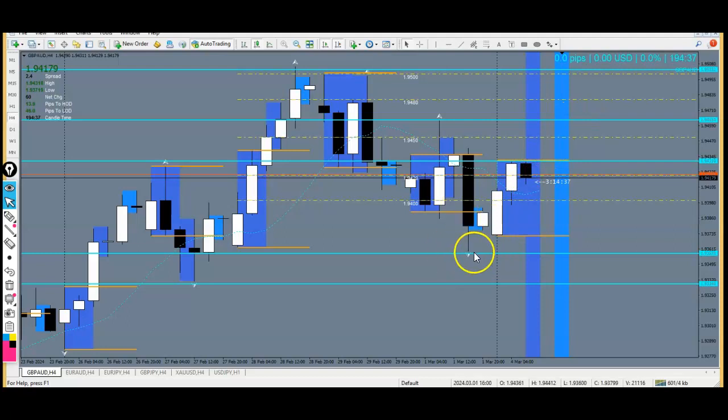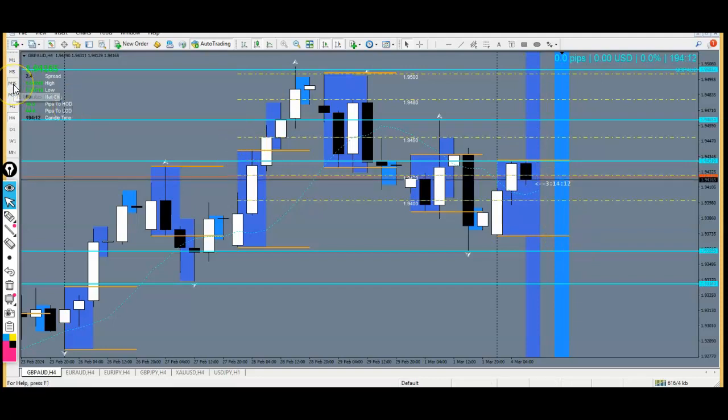Okay, so as we said, the last fractal was down here. That implies we should be looking for buys right now on this trade, except if we get a fractal to give us a short. So let's look at it on our 15 minutes.